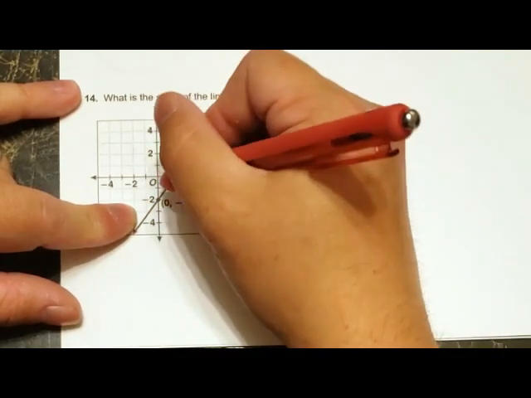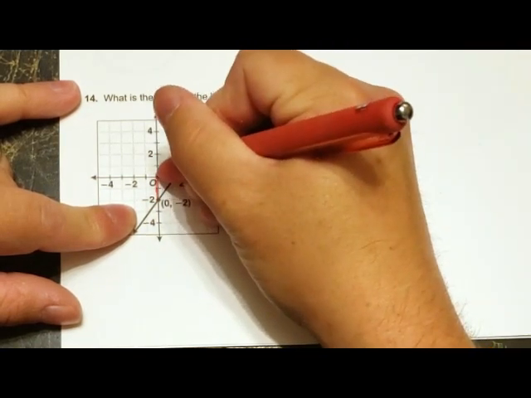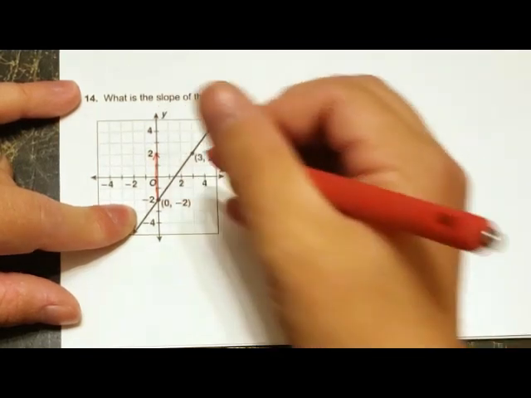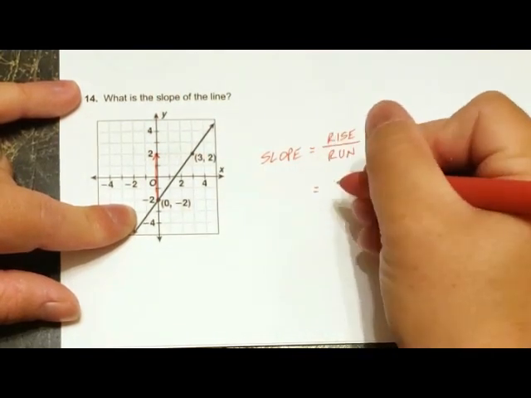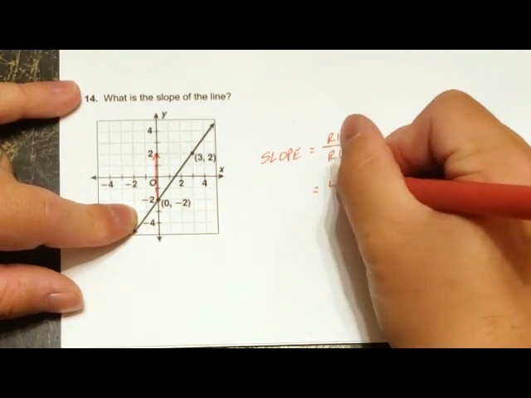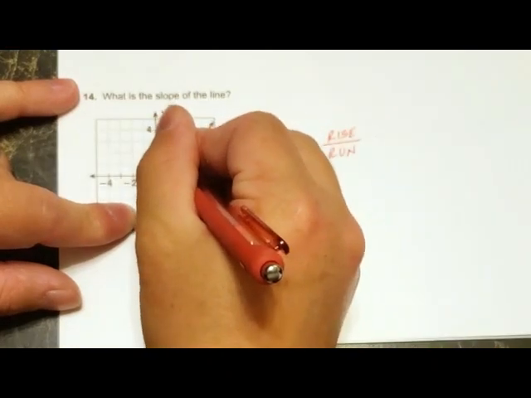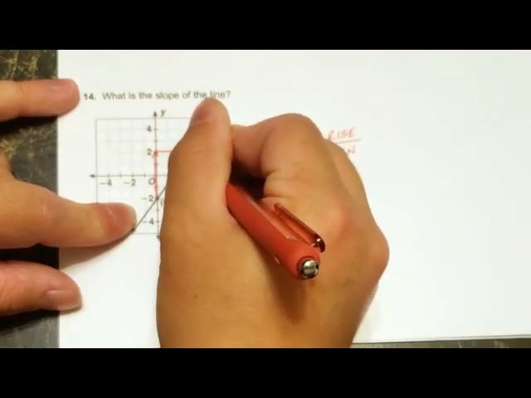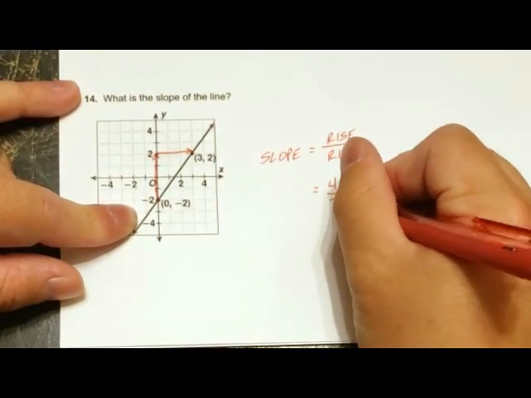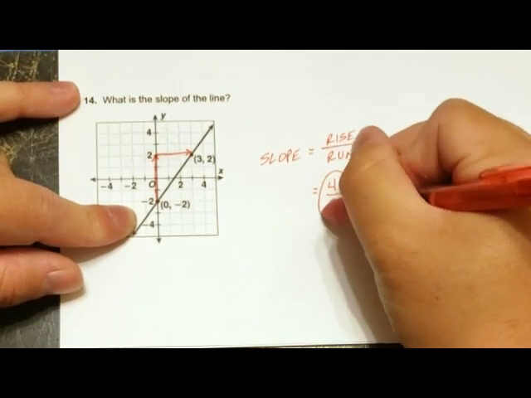So we would go up 1, 2, 3, 4 spaces. Up 4 would be +4. And then we would go over 1, 2, 3 to the right. Right 3 would be +3. So the slope of this line is 4/3.